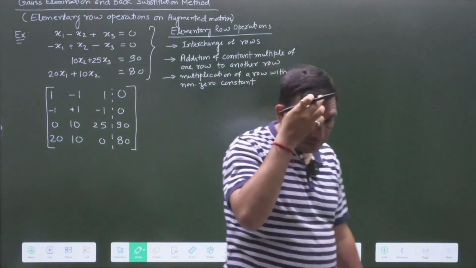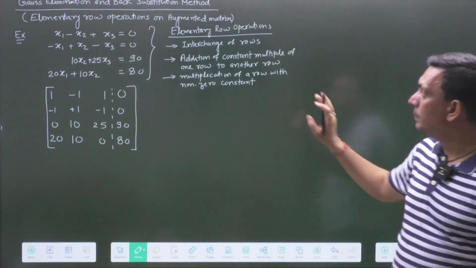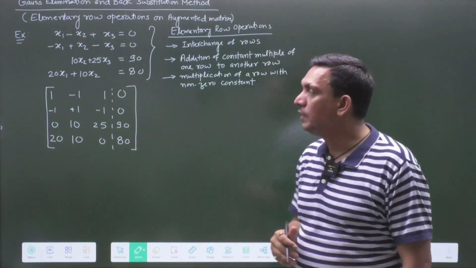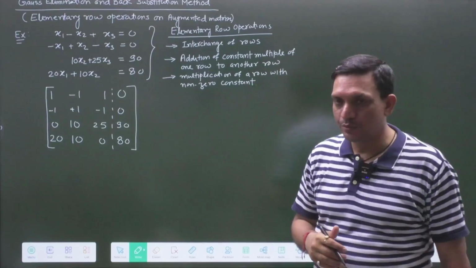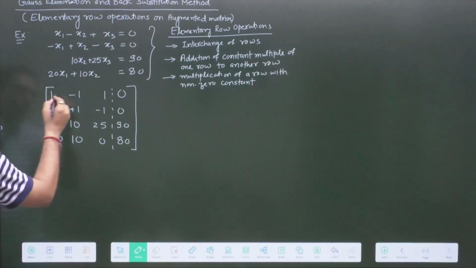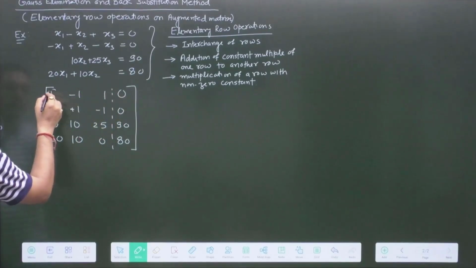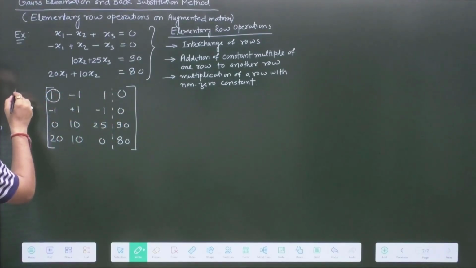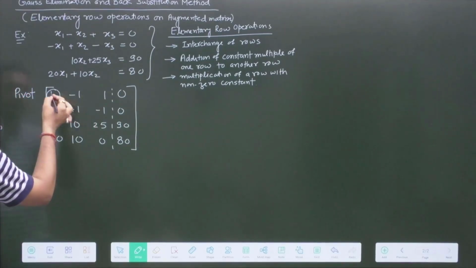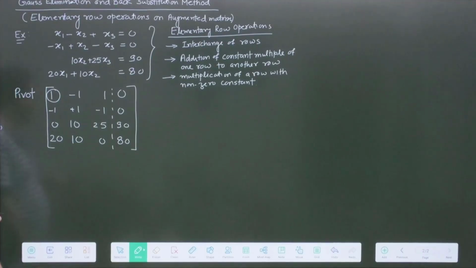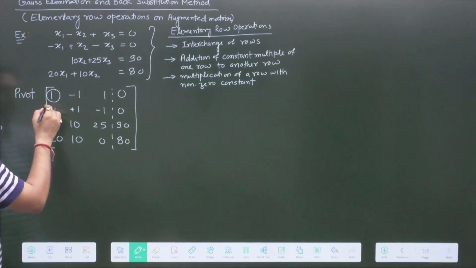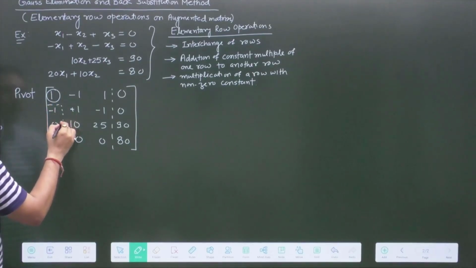So let's see how, by applying these elementary row operations, we will get the solution. We will use Gauss elimination and back substitution. First we consider this row as the pivot row and this element as the pivot element. By using this pivot element, we have to eliminate x1 from these equations.